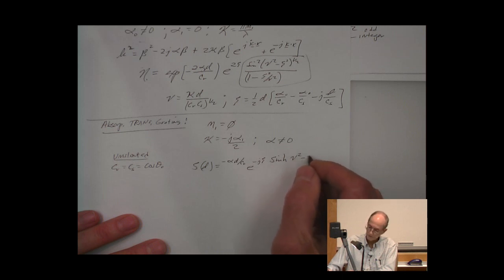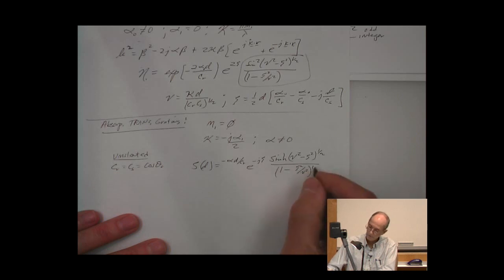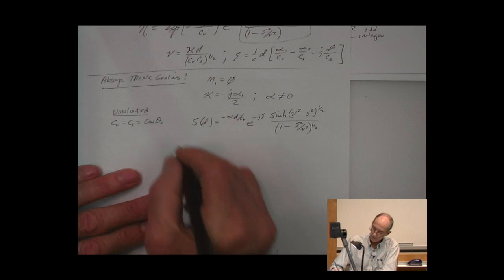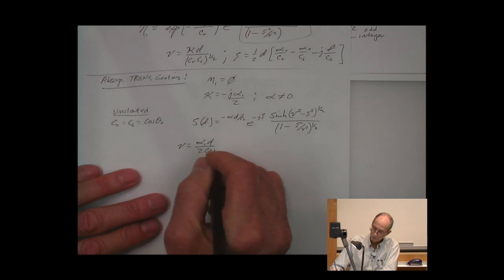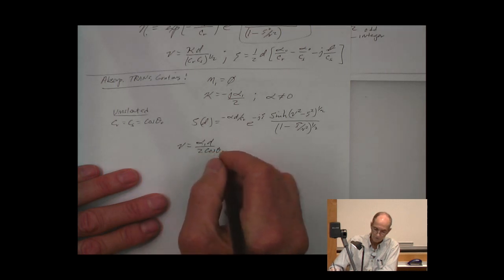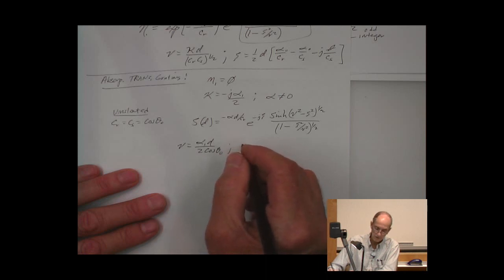Nu squared minus chi squared, again to the 1/2, divided by 1 minus chi squared over nu squared to the 1/2, where nu, again, is equal to alpha 1 d over 2 cosine theta 0, since they're the same in this case for unslanted.